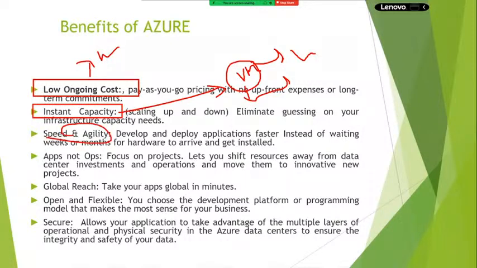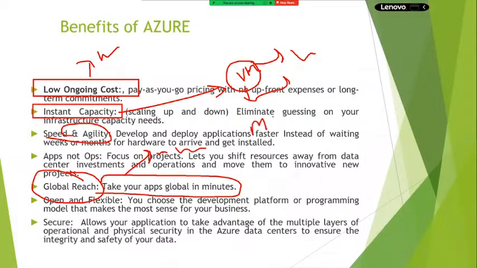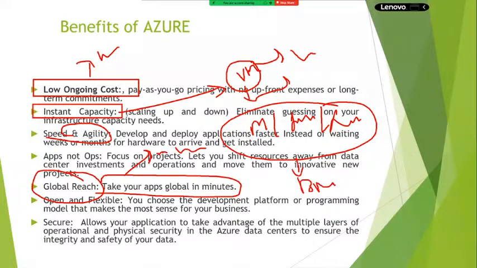Next, global reach. You know, right? Your data can be distributed across the globe in minutes. Why are the applications of Microsoft and Google and Facebook very fast, even though they have billions of customers all around the world?